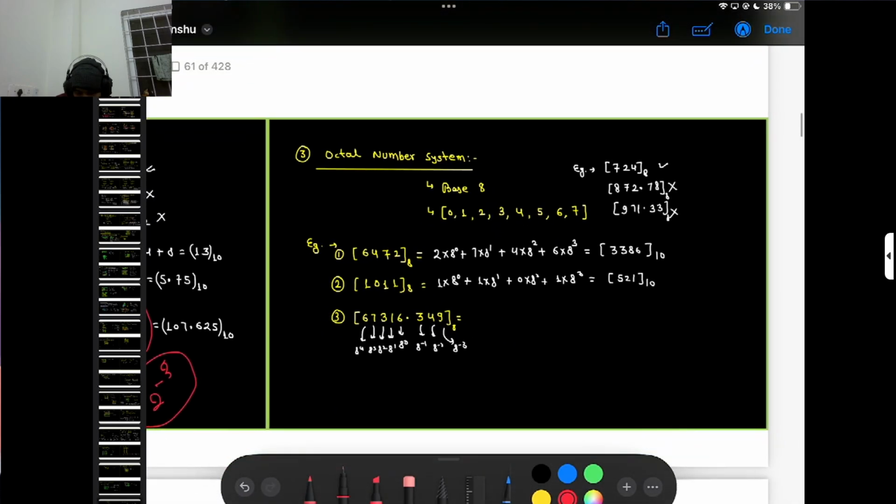In the octal number system, also 8 to the power minus 1. So just remember here 8 to the power 0, and sometimes we confuse it: this is not 8 to the power 0, this is 8 to the power minus 1.